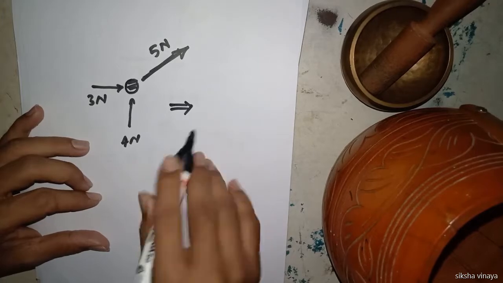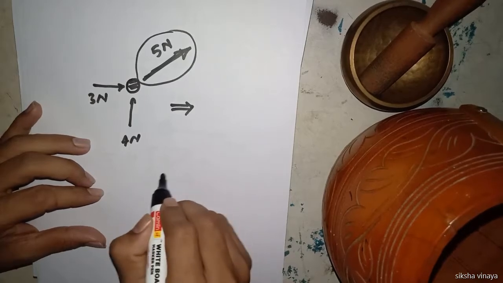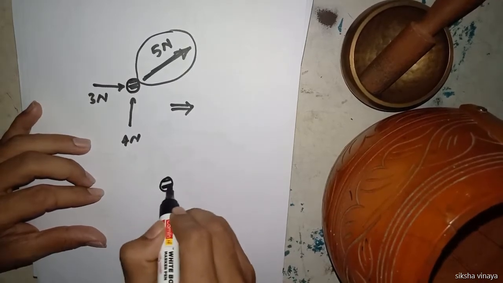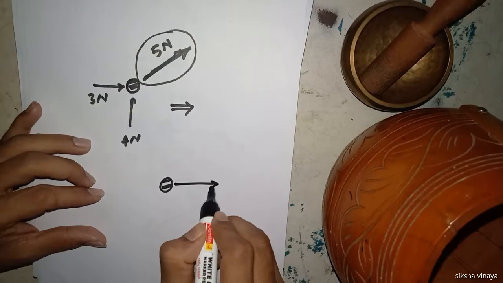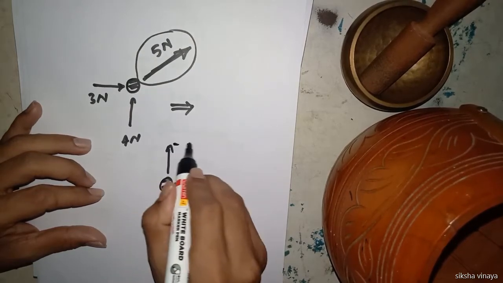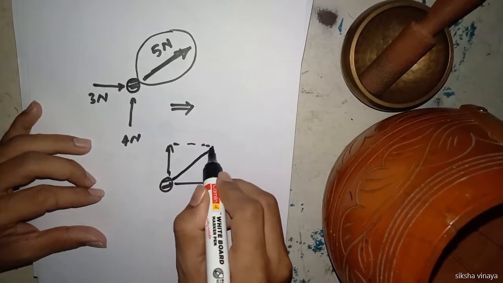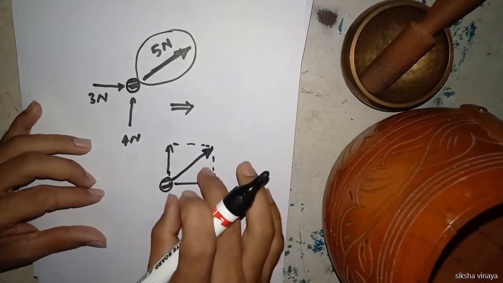And this answer can be obtained by the process: take these vectors' tails at the same point. Now draw a parallelogram. Now the diagonal gives the resultant value.